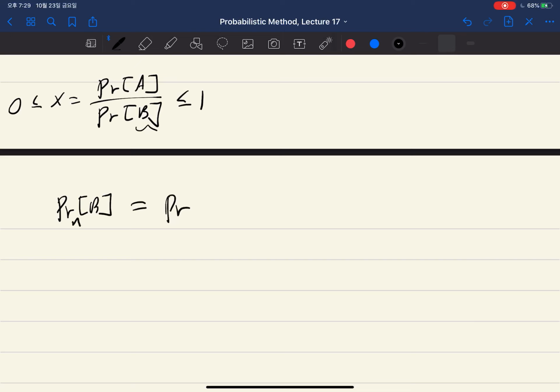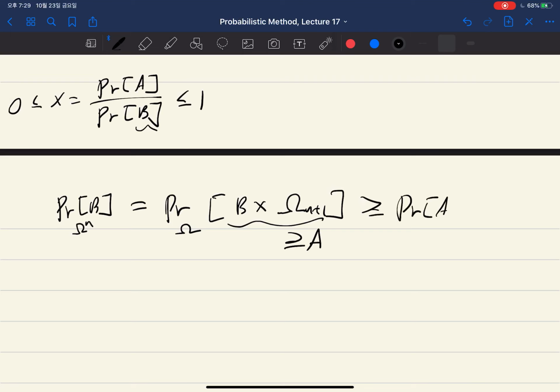This is in the nth dimension and this is in the n plus 1th dimension. B contains A, so this is bigger than or equal to the measure of A.